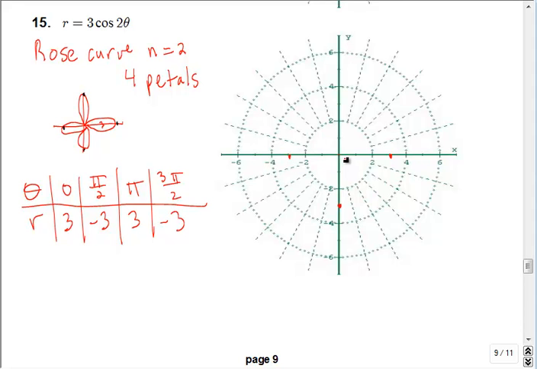And then 3 pi over 2 would be down here along the negative y-axis, but because my r is -3, that flips me over and ends up plotting me on the positive y-axis. So those are going to be these 4 key points. And now all we have to do is connect these into a nice petal shape.